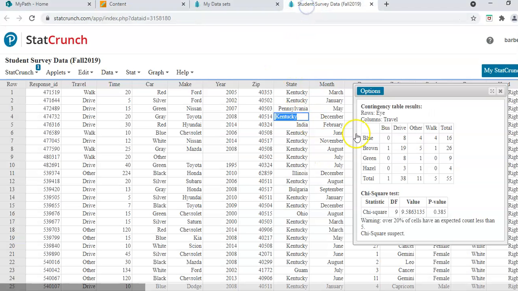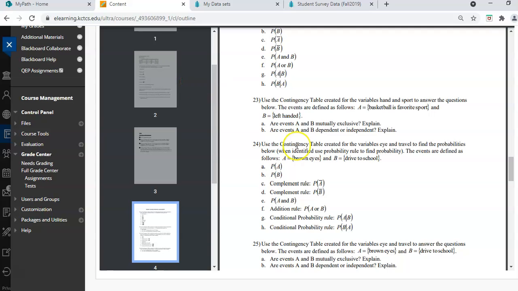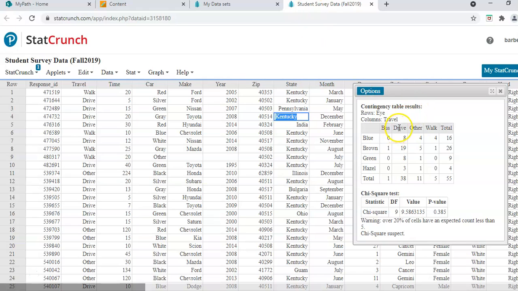If we go over here, this is our row with brown, 26 out of 55 total. And then let's see, if we go back, probability of B, that they drive to school. Driving is right here in the second column. There are 38 people out of 55 who drive to school.